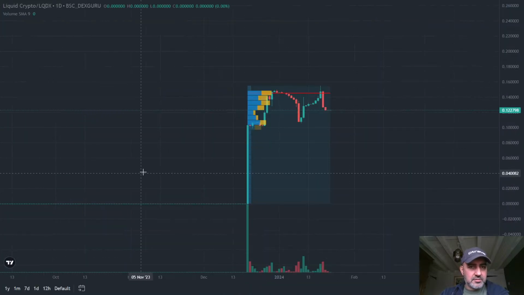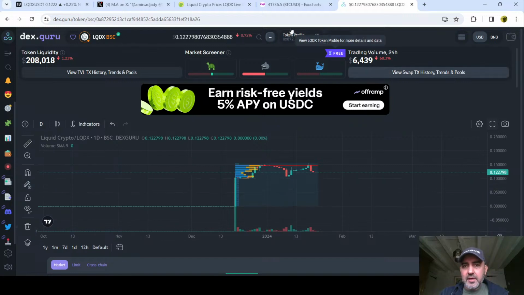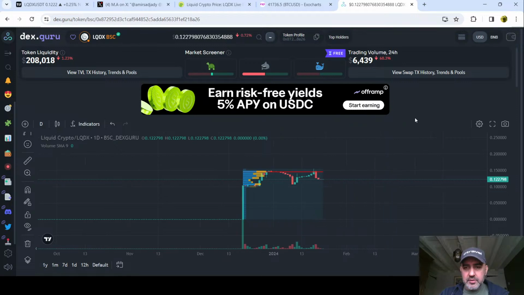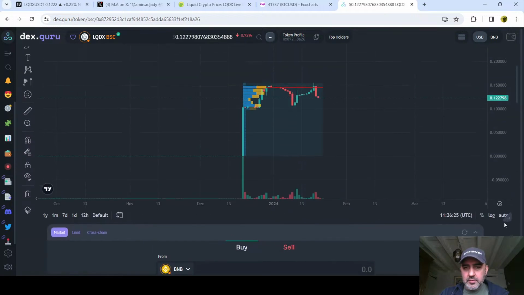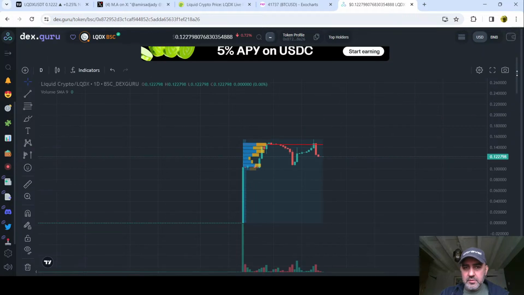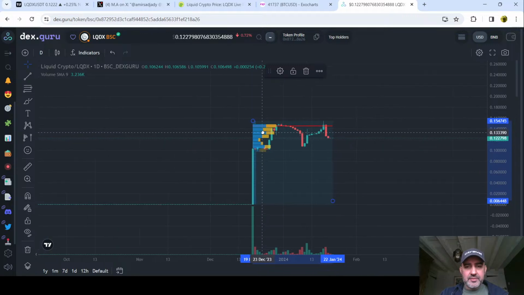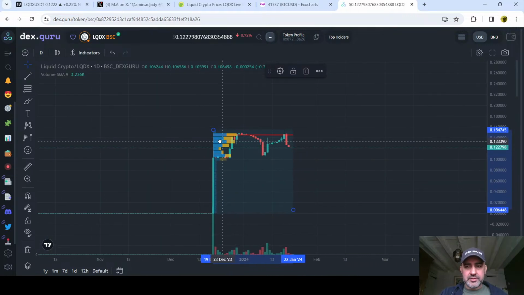Where's my toolbar? This sucks. This screen is really bad. That's the best I can do. So problem number one is the point of control. God.